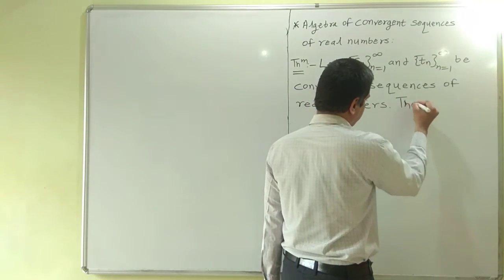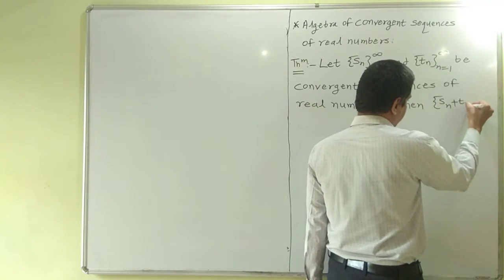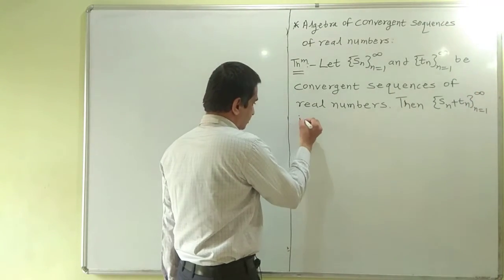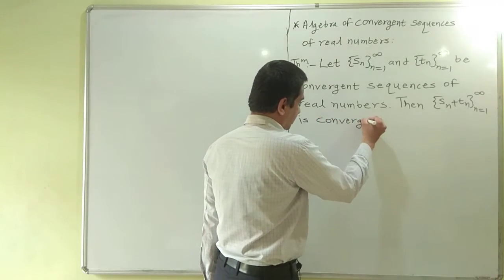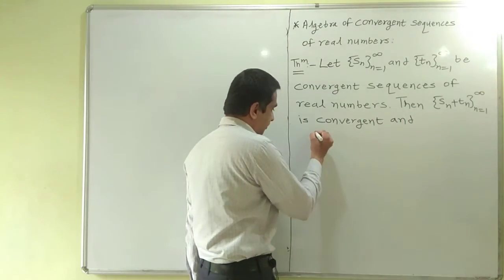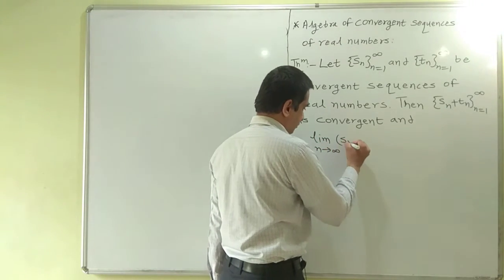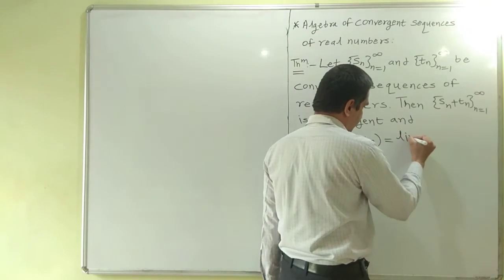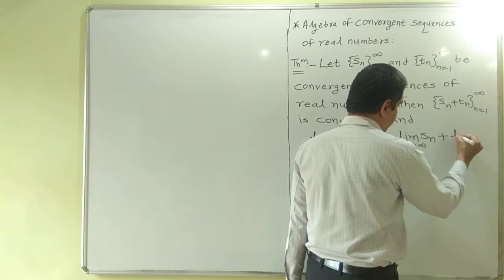Then the sequence Sn plus Tn is also convergent, and the limit of the sum Sn plus Tn equals the sum of the limits, limit Sn and limit Tn.